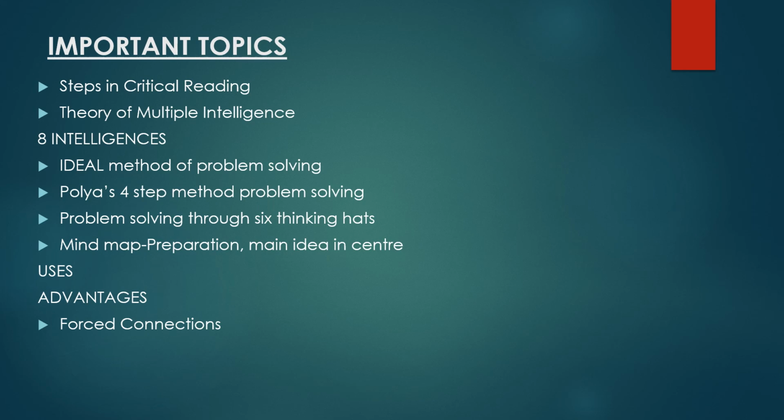How to write forced connection ideas I have taught in the class. First you have to find the meaning of the diagram. Then you have to understand the theme, find a connection between these two, and then write. Okay. So these are the important topics in this module 2.